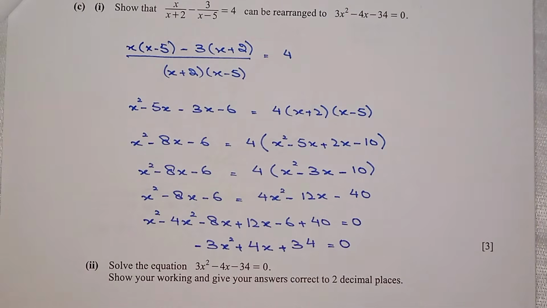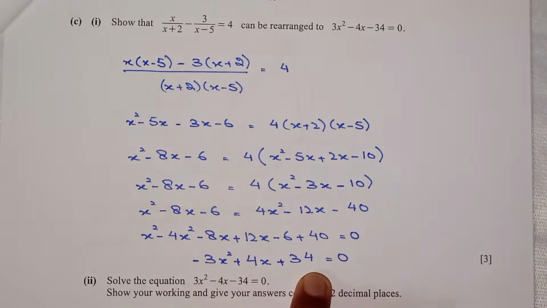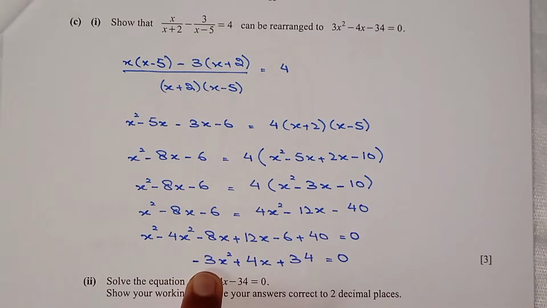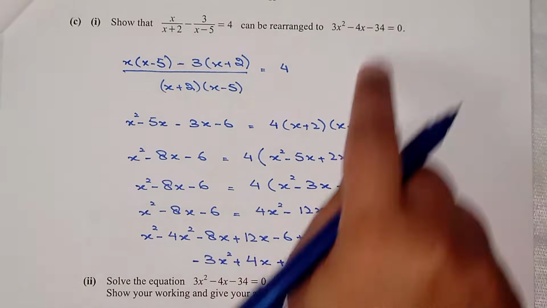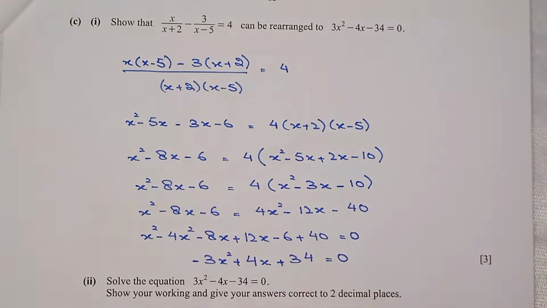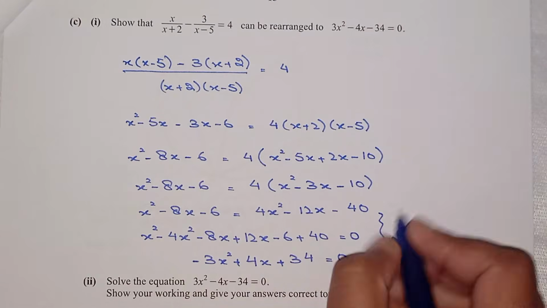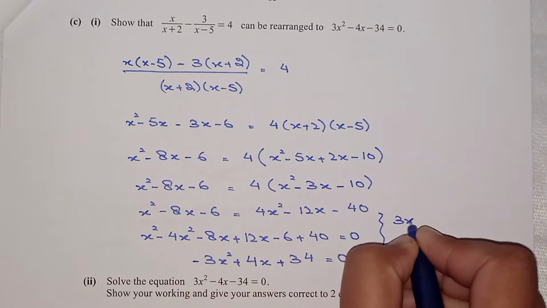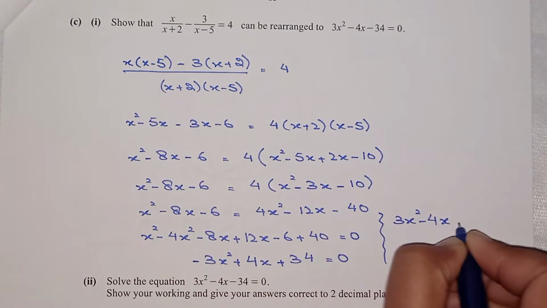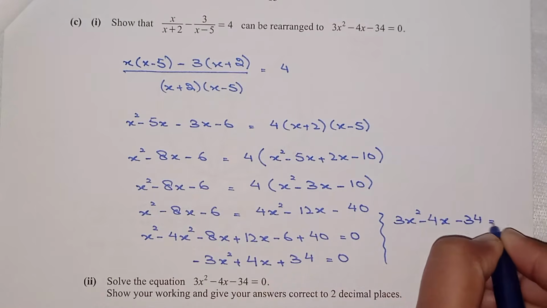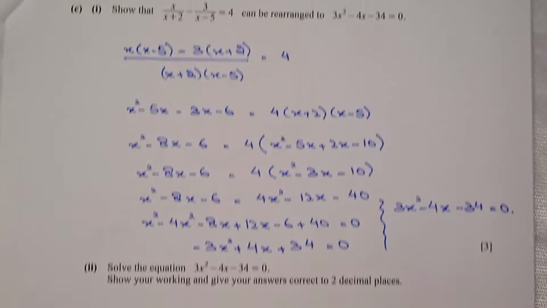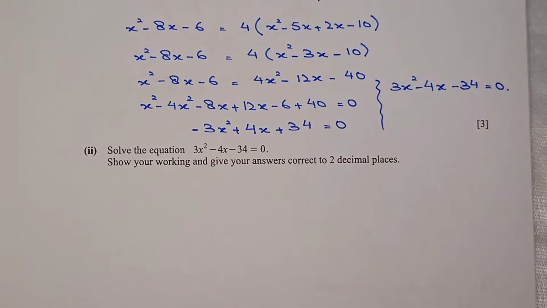If we take the negative sign common, it will match the equation. This would be positive 3x square, negative 4x and negative 34. So taking a negative sign common, it would be 3x square minus 4x minus 34 equals 0. Right.